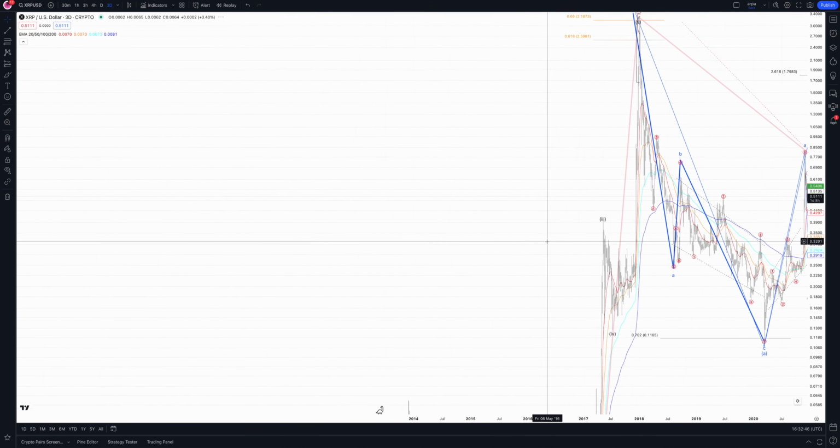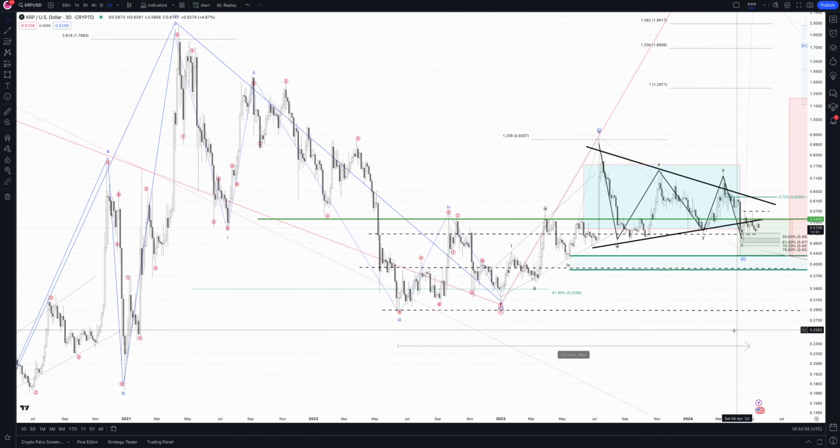If we take a look at this from an ICT point of view, we can even say that this over here is your accumulation, within this wedge. This over here is your manipulation before we have distribution. This is the power of 3: accumulation, manipulation, distribution. And this is XRP over here.